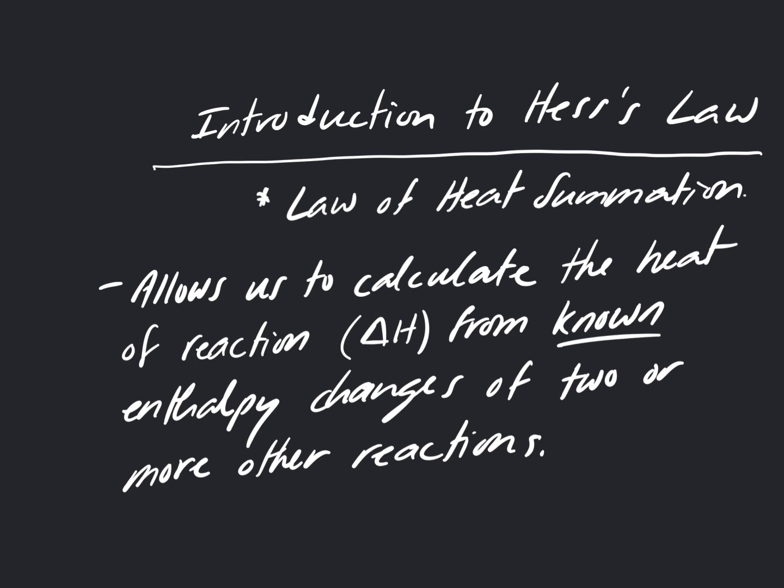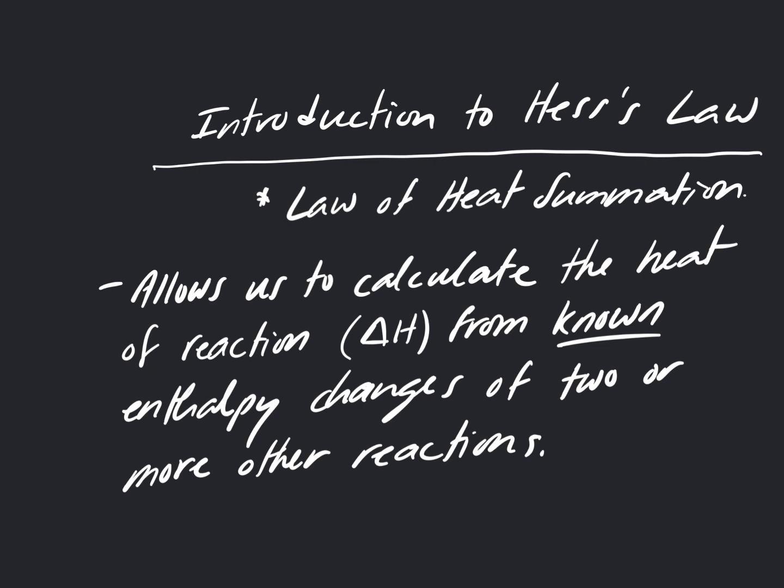Hess's law allows us to calculate the heat of a reaction from known enthalpy changes of two or more reactions. In other words, you can go to, let's say, a table somewhere, like a chemistry handbook, and find the heats of reactions for some reactions that chemists have already observed and measured.